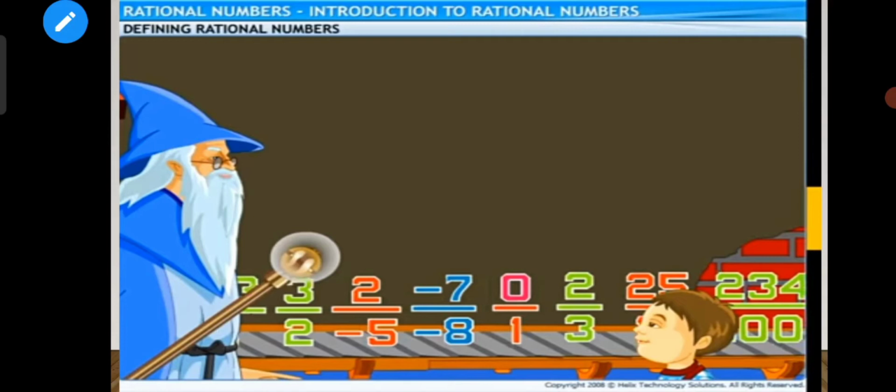According to the definition of rational numbers, the numbers which can be expressed in the form of p by q, where p and q are integers and q is not equal to 0. So all these conditions are satisfied by 0.